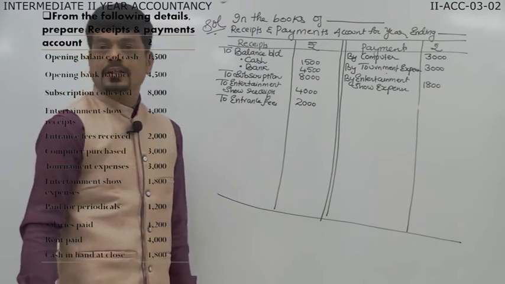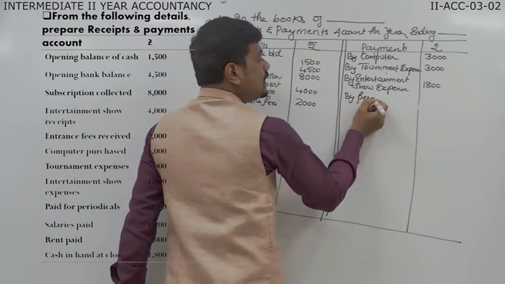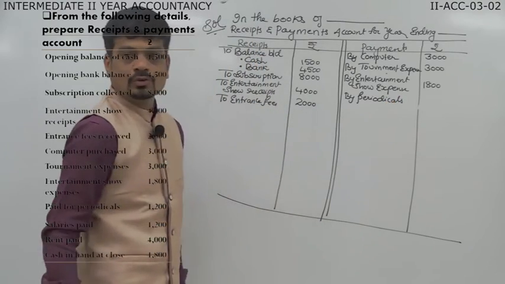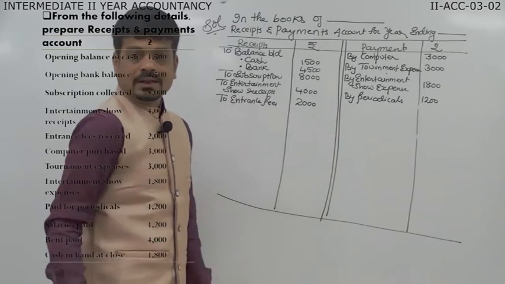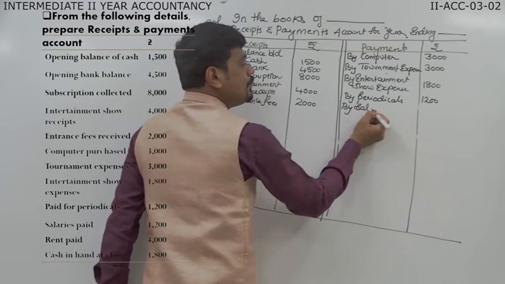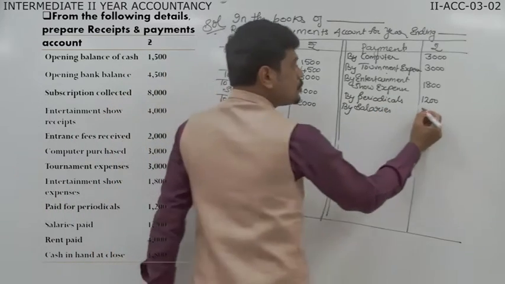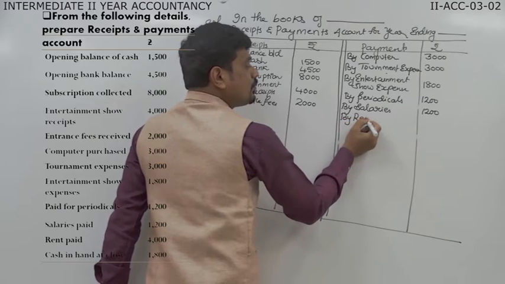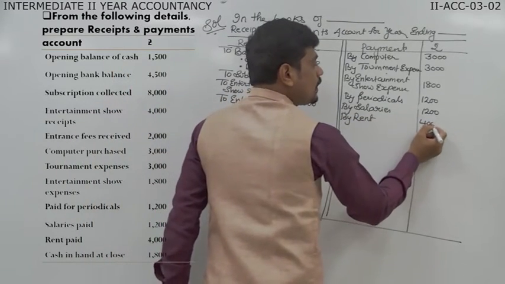Followed by periodicals paid for. Periodicals are nothing but magazines. So by periodicals, payment amounts to rupees 1200, followed by salaries paid. Salaries are again payments. So by salaries amounts to rupees 1200, and rent paid, by rent amounts to rupees 4,000.